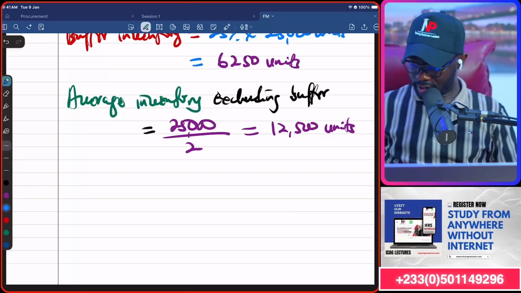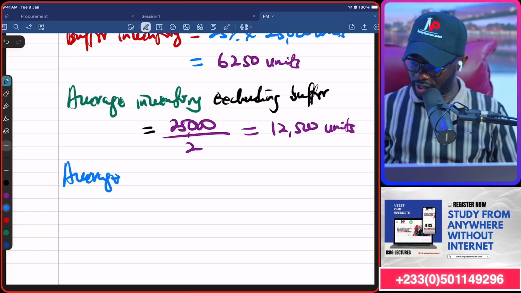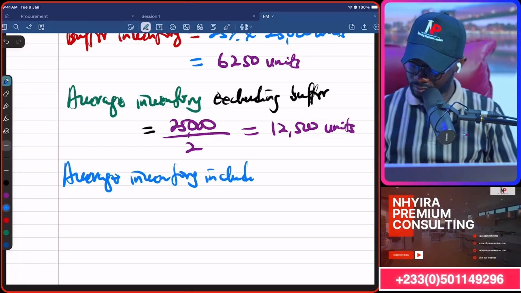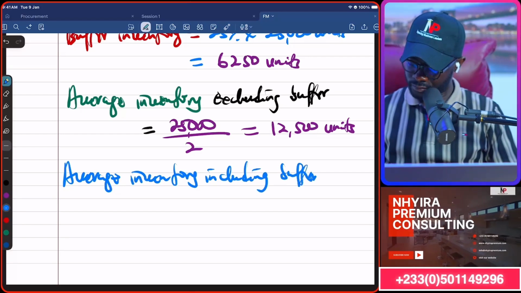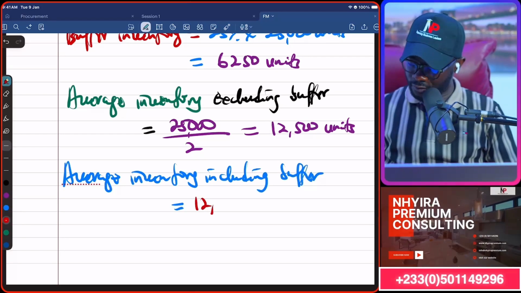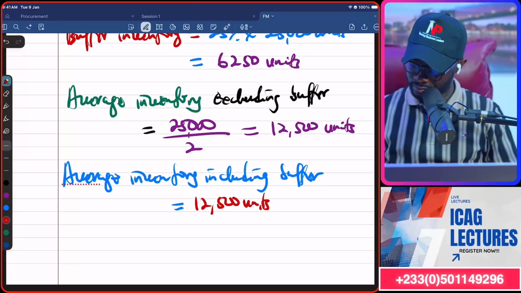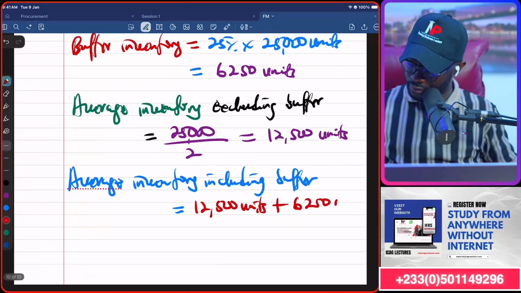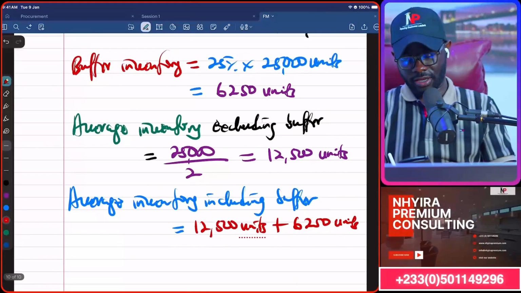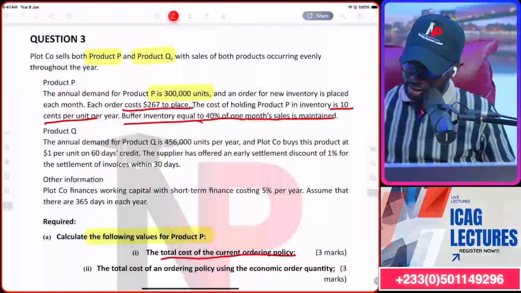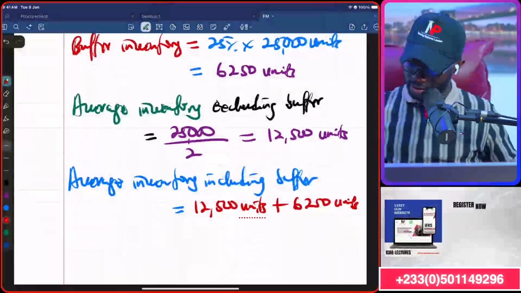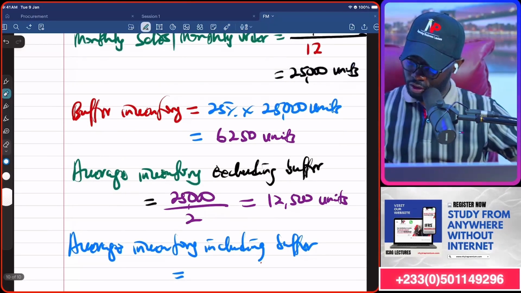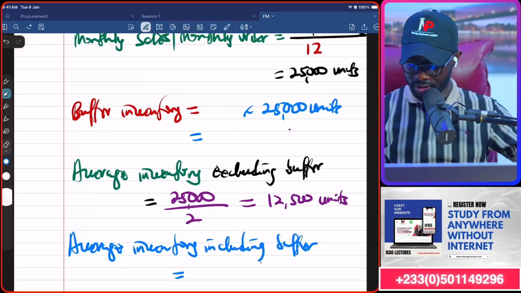That's the average inventory that we're going to have. So now, the average inventory including the buffer will be the 12,500 units plus the buffer 6250 units. Hey, give me a sec for my arithmetic here. Wait, the buffer is 40%. Okay, so I'm missing something. The buffer is 40%, not 25%.